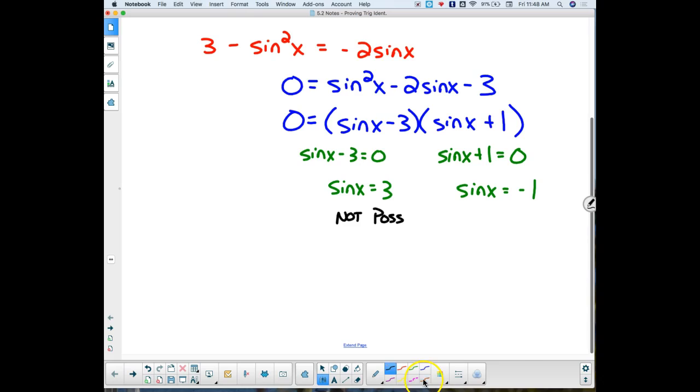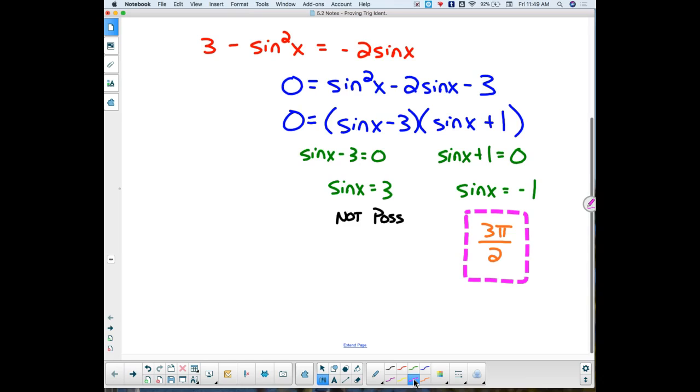First lap, unit circle, where is sine of x equal to -1? 3 pi over 2. And that is my answer. Okay?